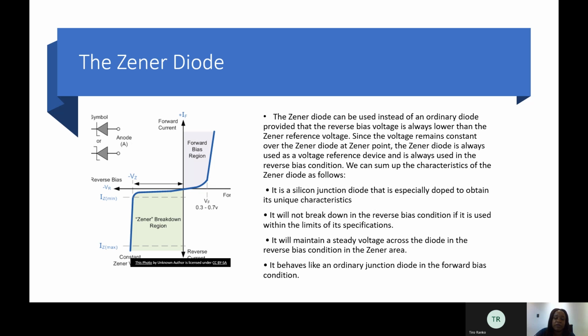These are all characteristics of the Zener diode that you need to know, so when they ask you to list the characteristics, you should be able to list them. You can see all of this on the slide. Any questions so far before I go to the next slide?